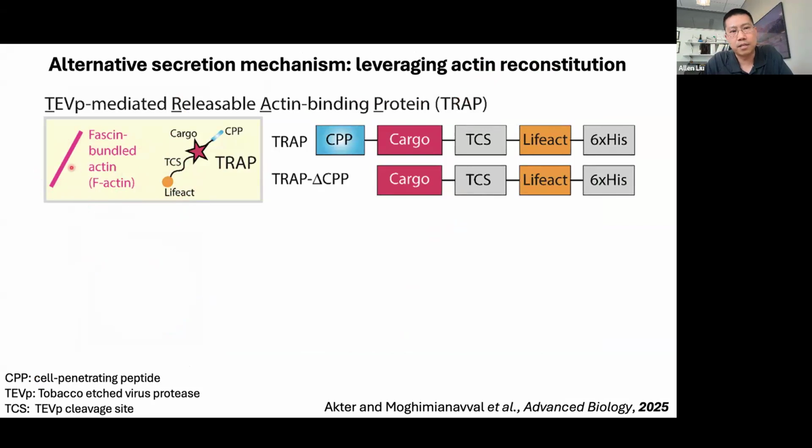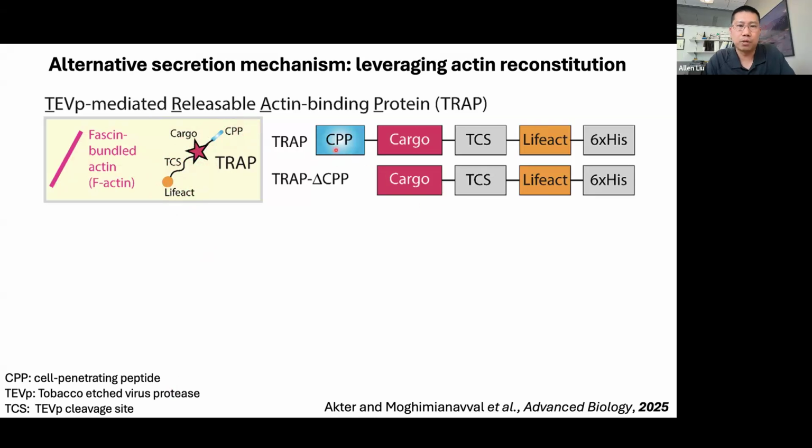The system incorporates the actin reconstitution I talked about before, and we generated an artificial cross-linker that has a LifeAct domain, which binds F-actin, a TEV cleavage site, which can be activated by active TEV protease, and a cargo of interest that's linked to a cell-penetrating peptide.